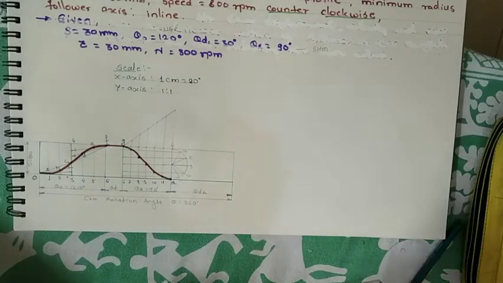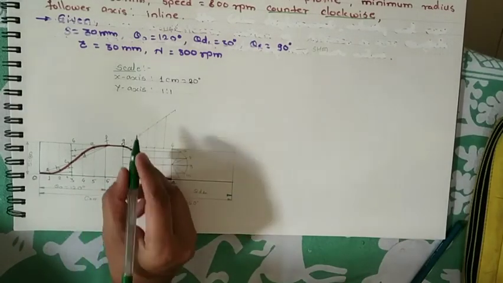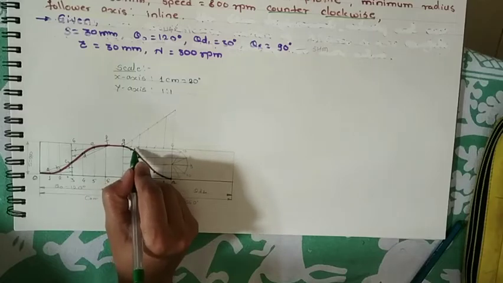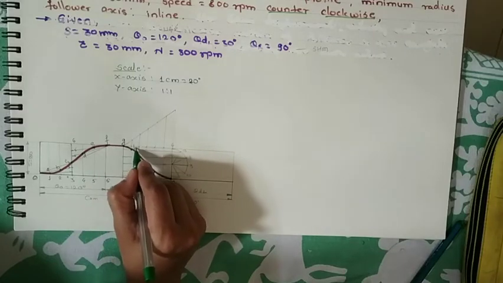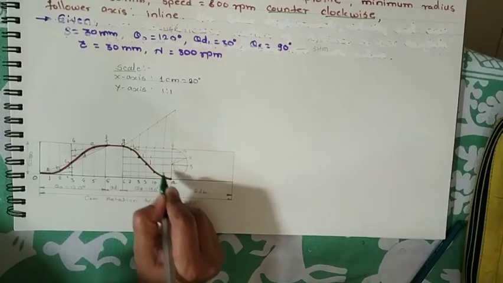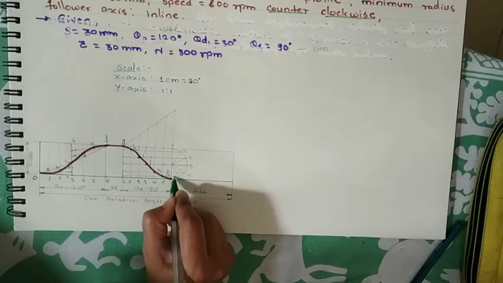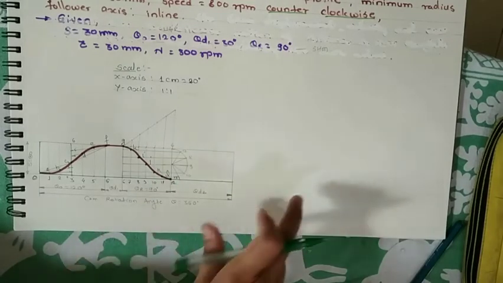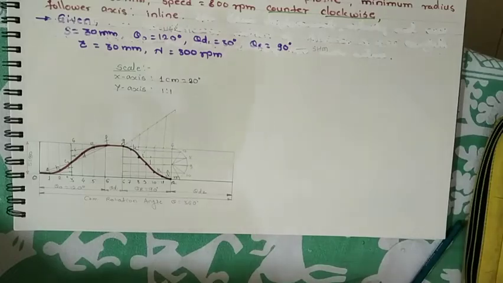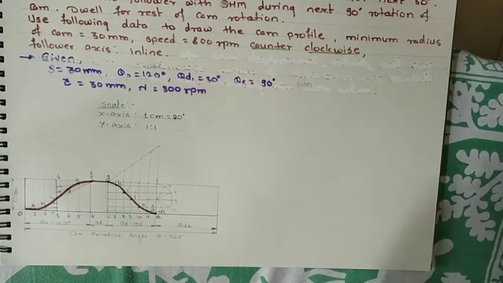Your simple harmonic motion is completed. Here is the G, so the next points are H, I, J, K, L, and the last point is M. So our displacement diagram is completed.